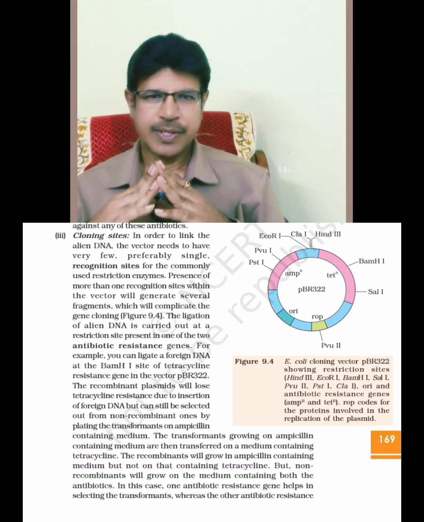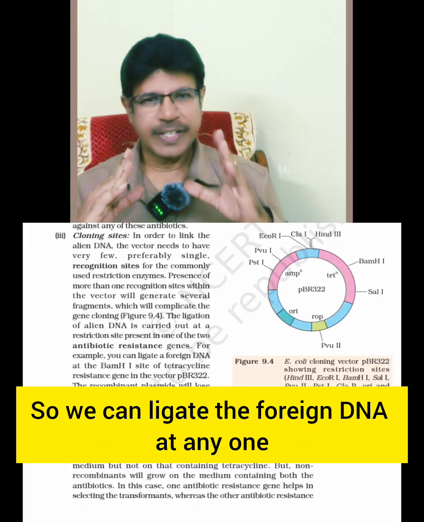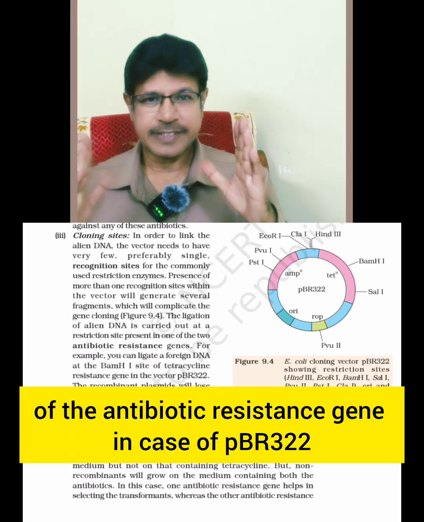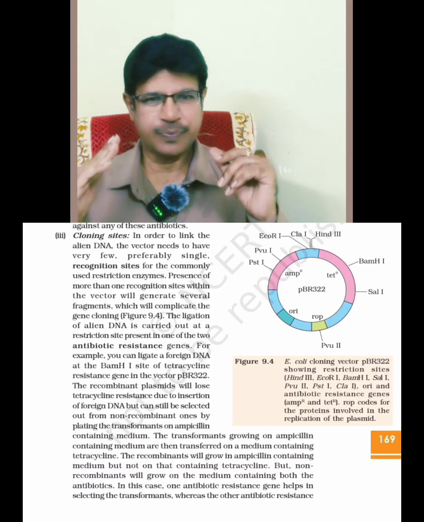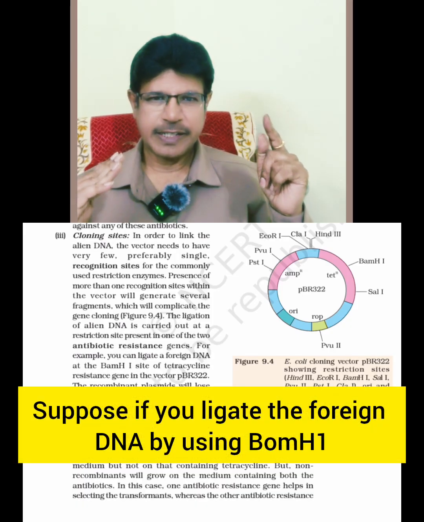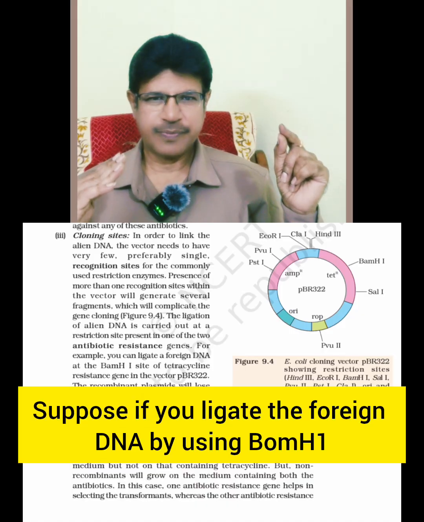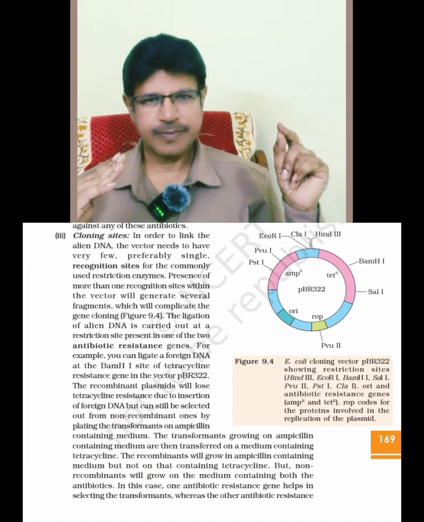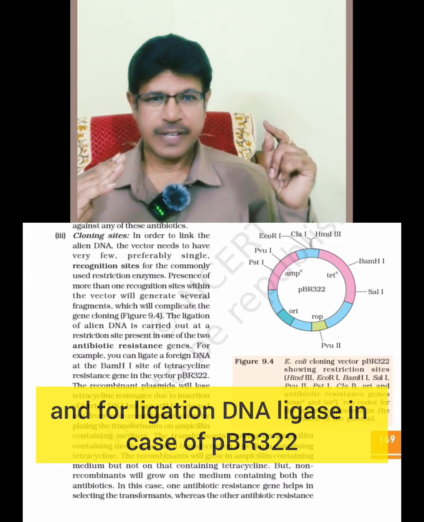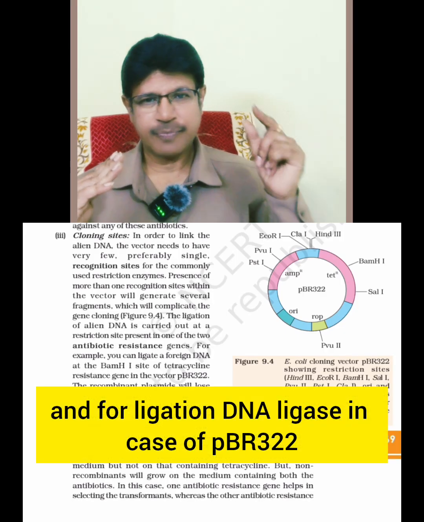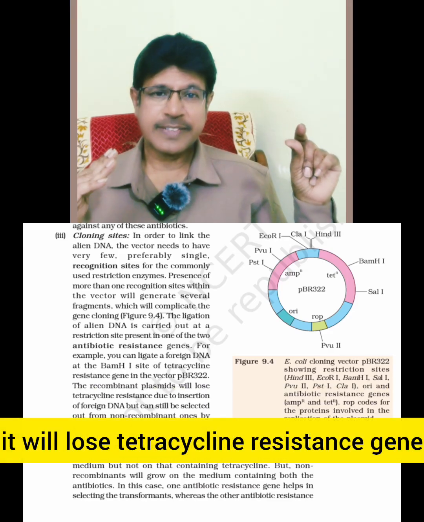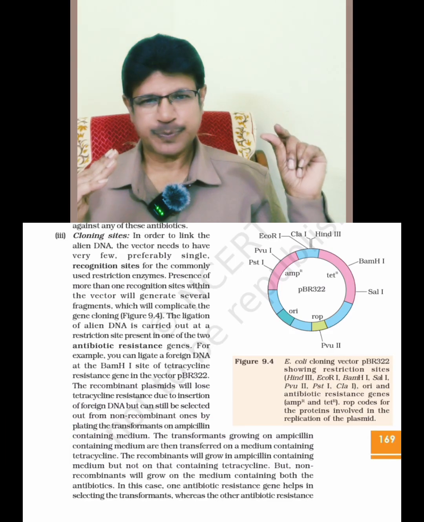Next, we can ligate the foreign DNA at any one of the antibiotic resistance genes in case of pBR322. Suppose you ligate the foreign DNA by using BamHI and a DNA ligase. In case of pBR322, it will lose the tetracycline resistance gene.